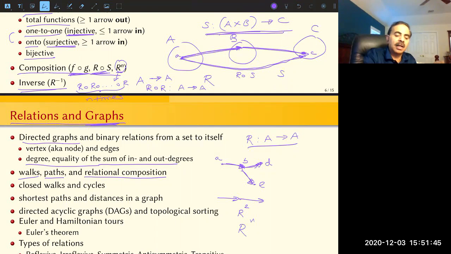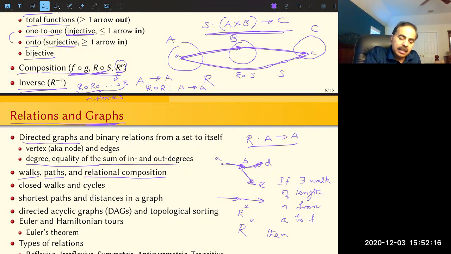So what you can say is that if there is a walk of length n from A to F, then we can say that A is related to F by R to the power n, right?